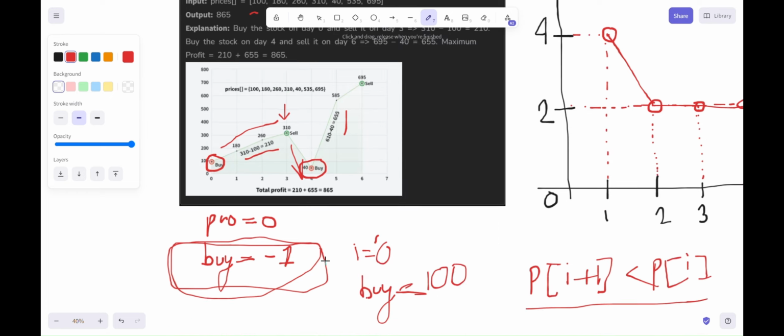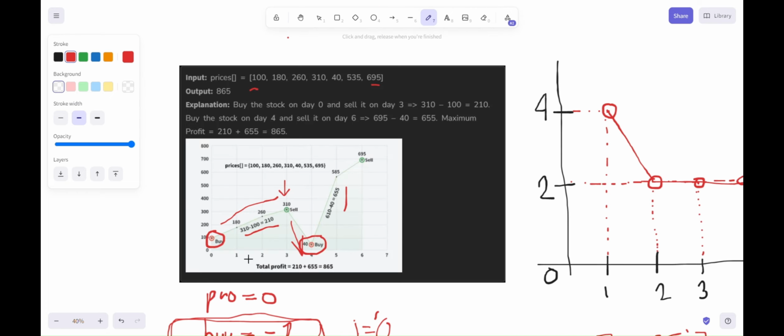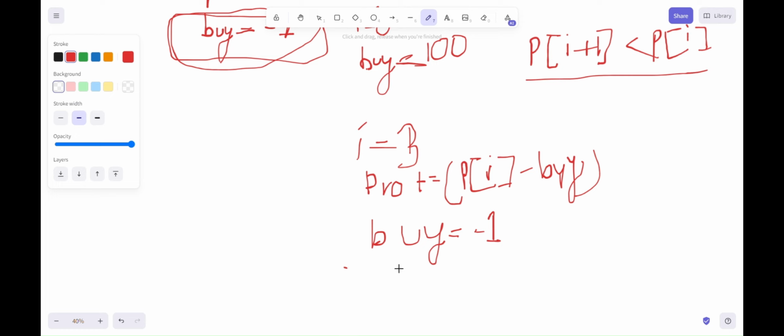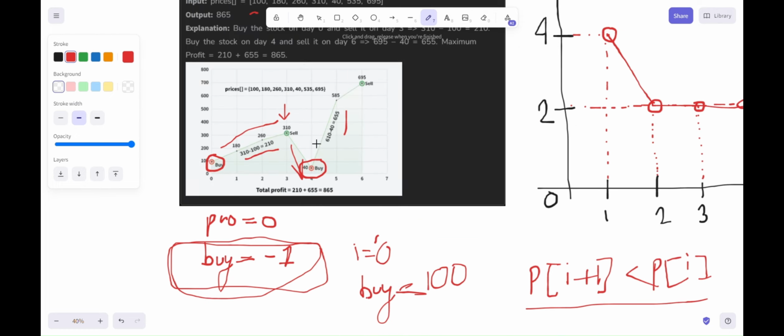And in the next iteration our buy is -1, so we will buy the 40 valued item at the 4th index, and then we sell it here.